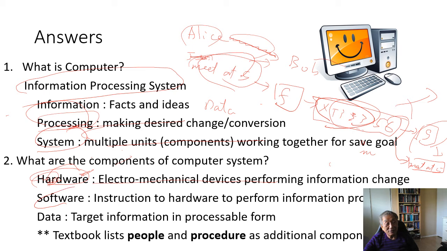On the other hand, software is just an idea, just a kind of concept. So instruction: do this and do that. I'll explain this concept over and over, but the hardware is some kind of electromechanical device. They don't have a soul. They cannot think.